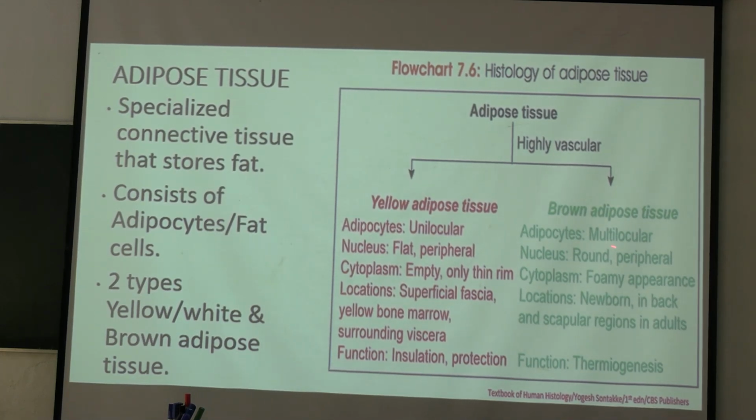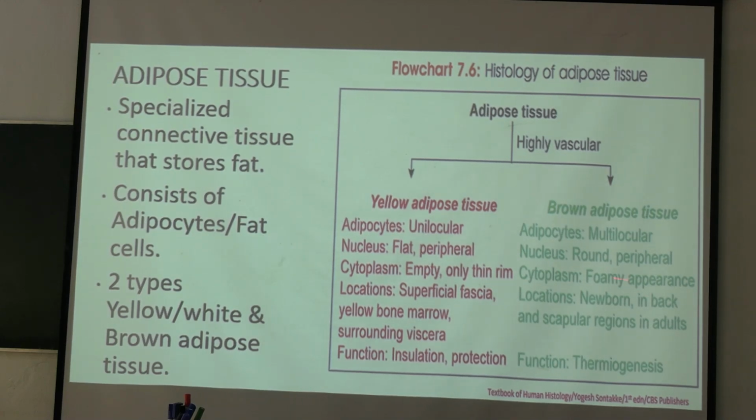And brown adipose tissue, adipocytes are multilocular, nucleus is rounded and peripherally placed. Cytoplasm appears foamy in appearance because the fat droplets are washed out. Location is newborn in the back and scapular region. In adults, function is thermogenesis.